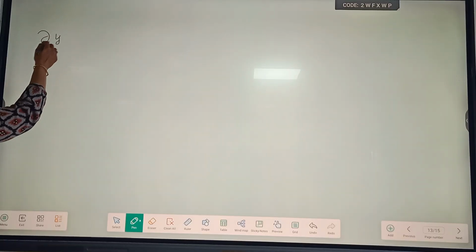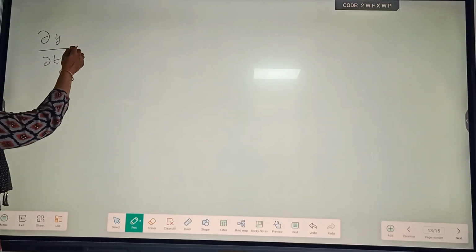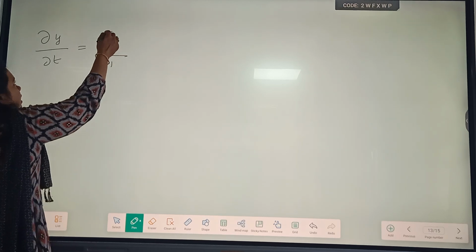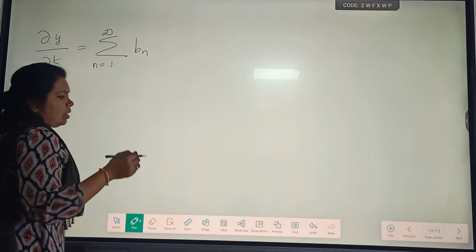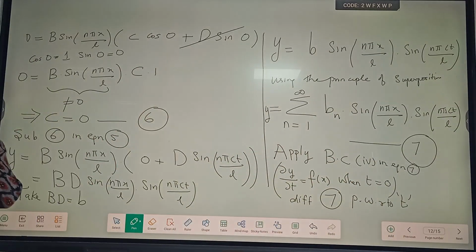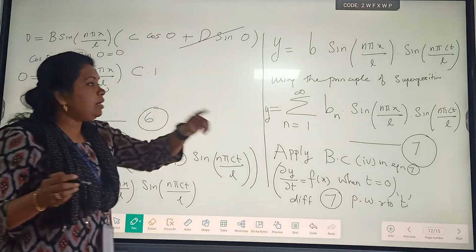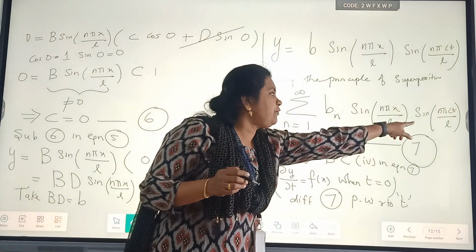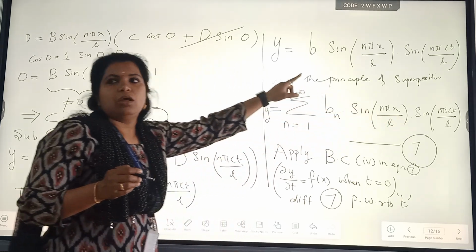Dou y by dou t is summation n equal to 1 to infinity Bn. I am going to differentiate partially with respect to t, without disturbing my x value. What is the differentiation of sine?